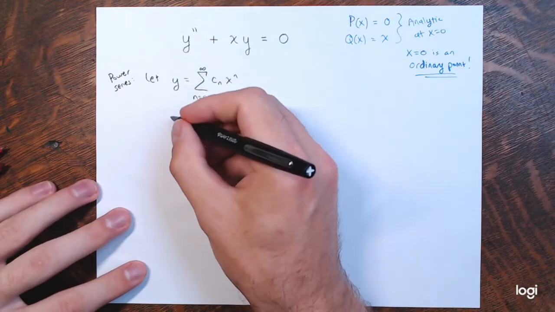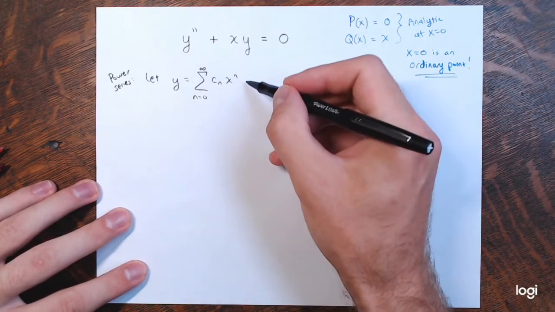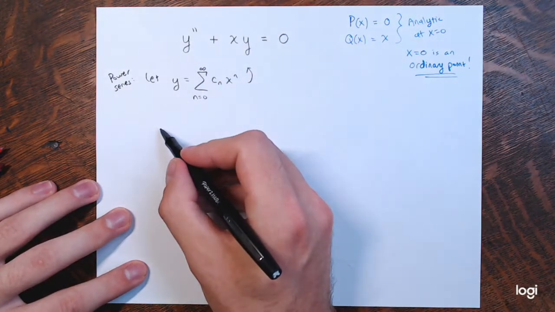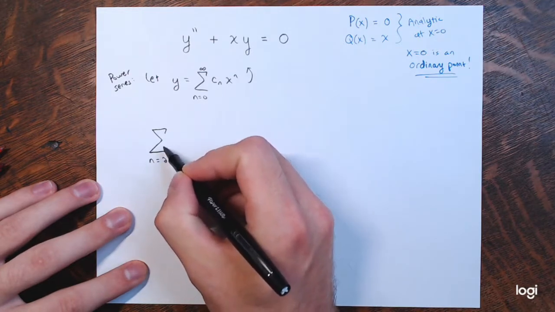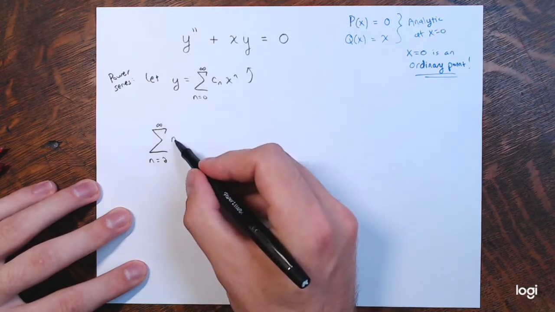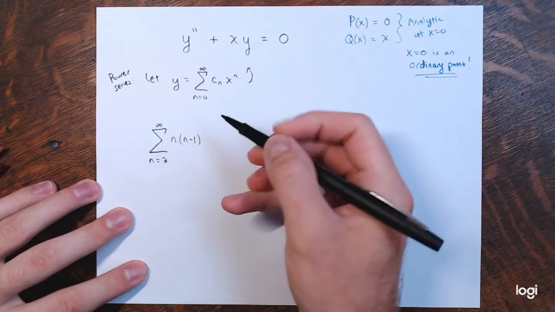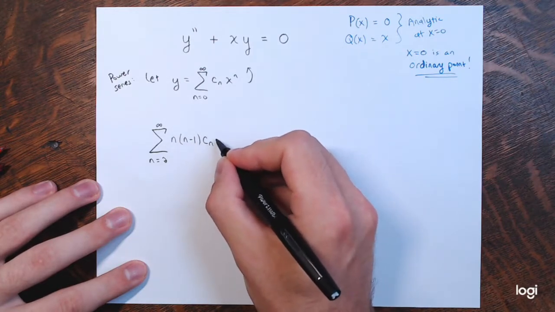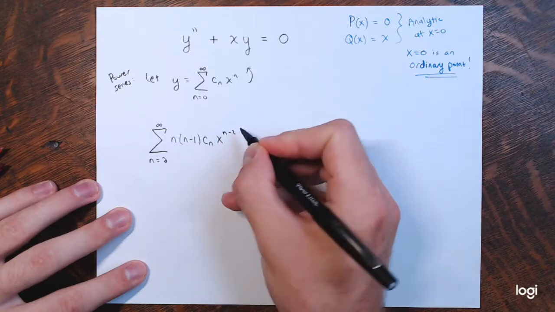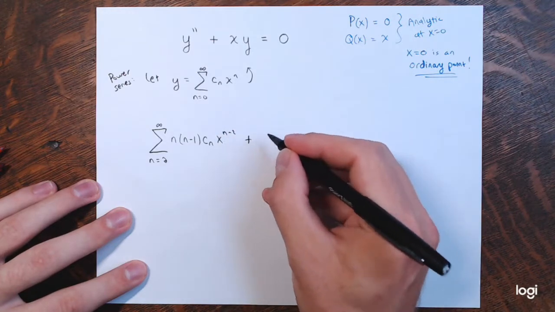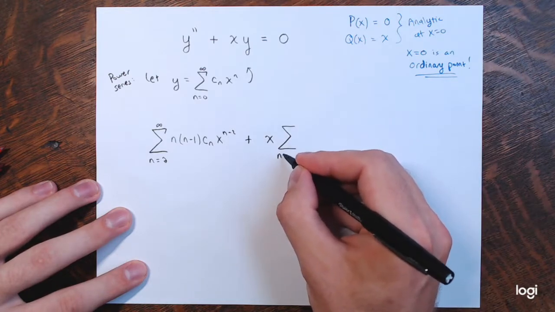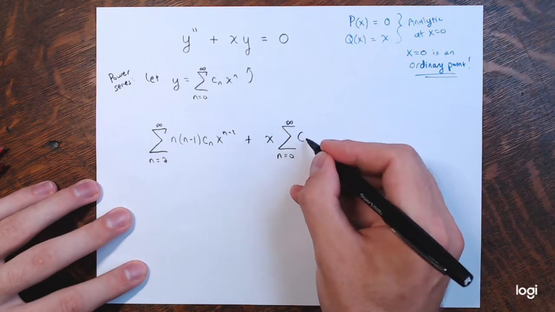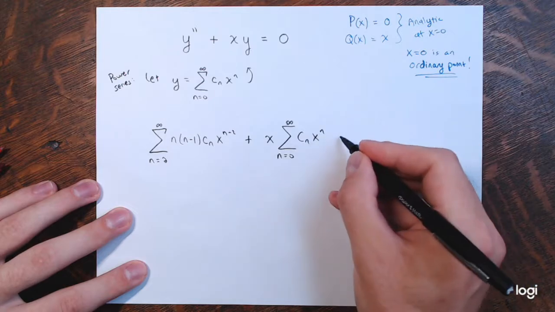All right, and then we saw y double prime already, so we substitute stuff into this. So y double prime, remember, would be the sum from n equals 2 to infinity of n times n minus 1 times c sub n times x to the n minus 2. And then we have plus x times y, sum from n equals 0 to infinity of c sub n x to the nth equals 0.